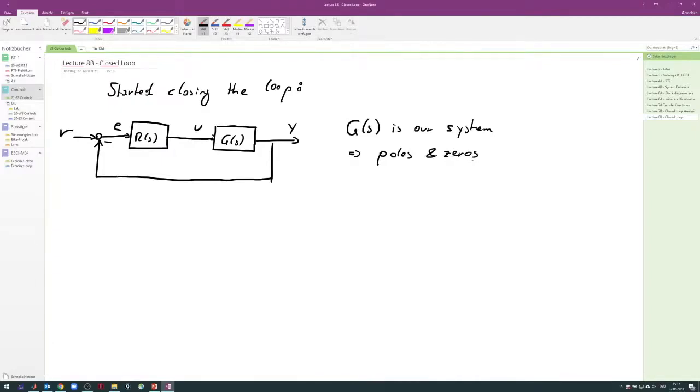If they're real, our system is not oscillating, right? So far, so good. So obviously R of S can also have poles and zeros, but they are our choice.